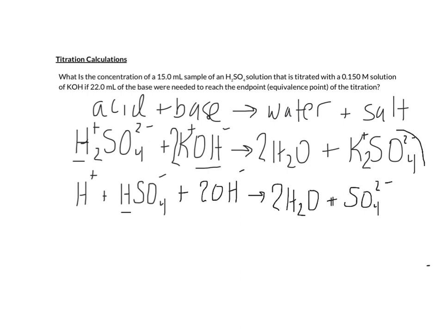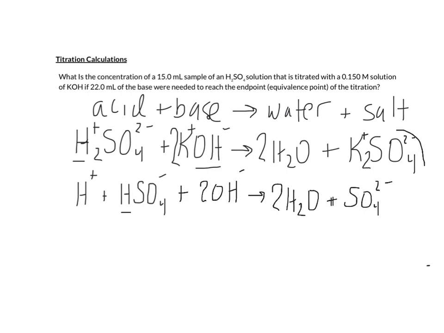And it is not a spectator ion because it's in fact different on the 2 sides of the equation. On the left-hand side, we're bonded with a hydrogen. On the right-hand side, we are not. So because the species changes, it does get included in the net ionic equation.